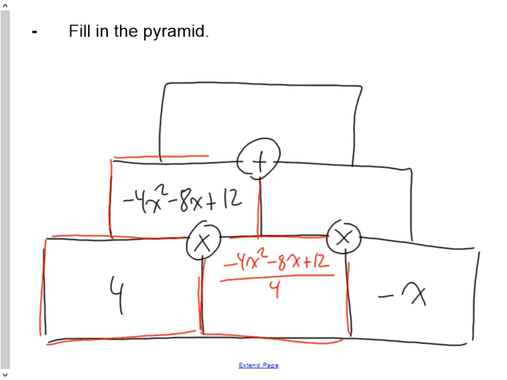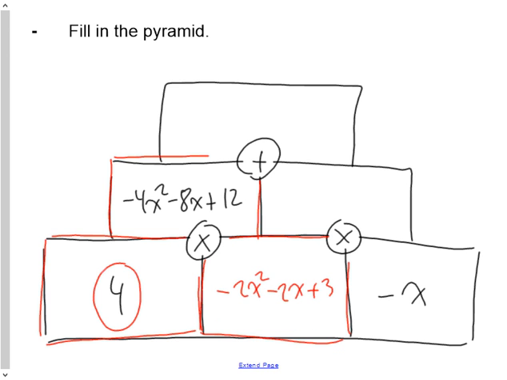When I do that, it's going to be negative 2x squared minus 2x plus 3. So if I erase this now because I've done my work, this is the value of this square, because this multiplied by this gives me this.